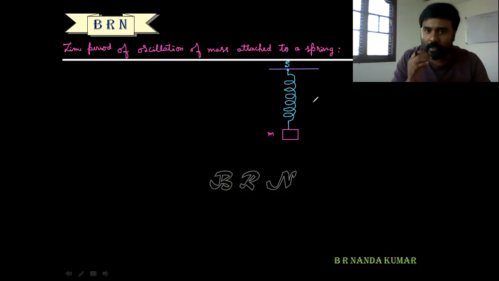When a body executes simple harmonic motion, it moves to and fro repeatedly about a fixed point, under the action of a restoring force which is directly proportional to the displacement of the body from the fixed point, and is always directed towards the fixed point. This is the equilibrium position, the mean position.